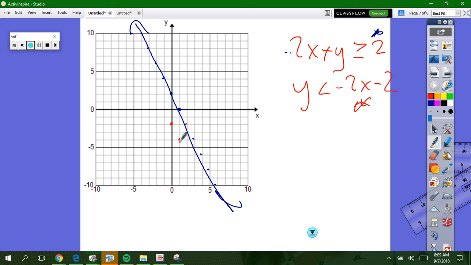Going down 2 over 1. Down 2 over 1. Okay. Should that be dotted or solid for the bottom one? Be a dotted line, correct? Okay.